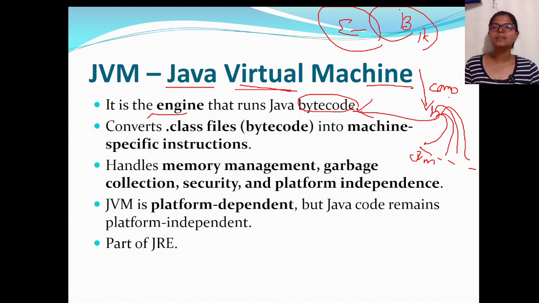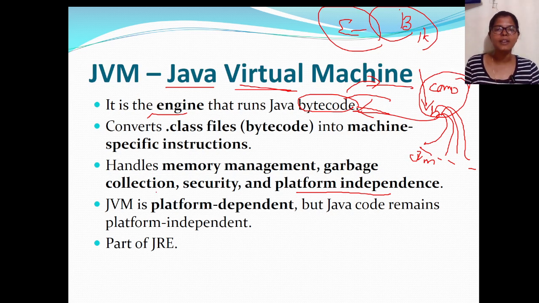It handles memory management with an automatic garbage collector, provides security through the bytecode verifier, and makes Java a platform independent language by running this bytecode on different operating systems. I hope you understood the JVM. We'll see the architecture of JVM completely in the next class, but at present, remember it plays a major role in a Java program.